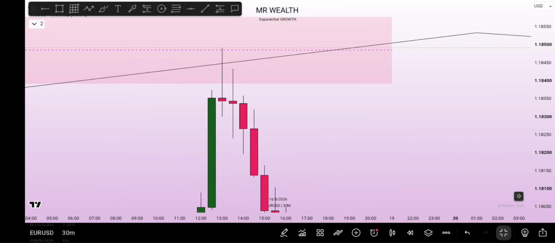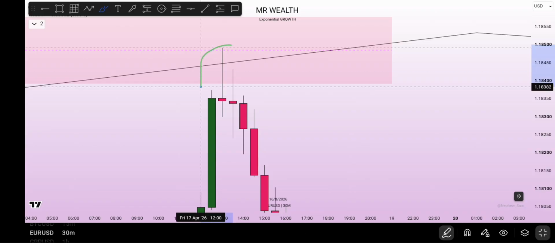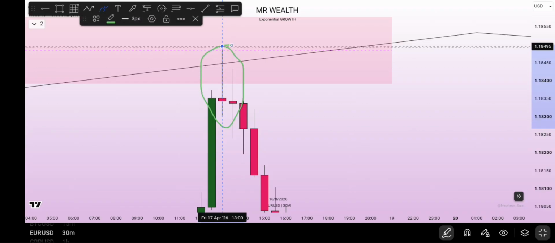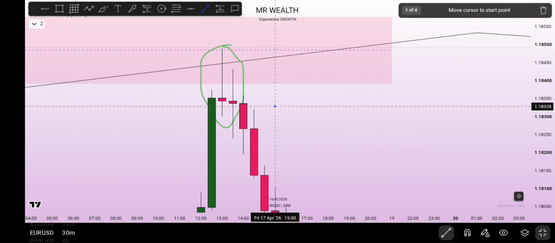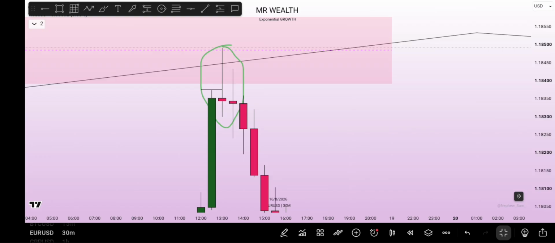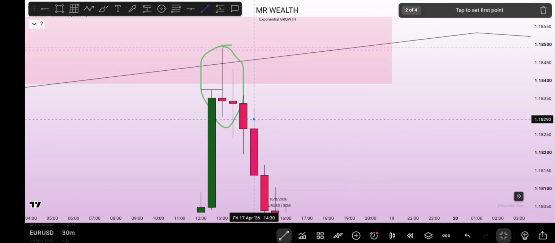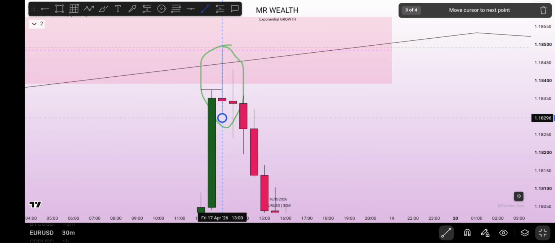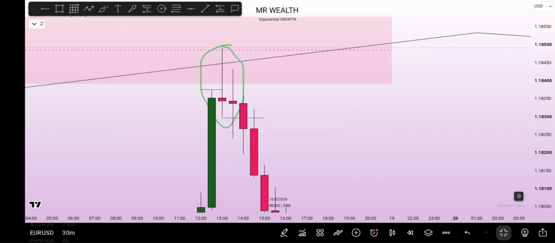So you can see what happened here. You can see this 30-minute candle that dipped into the 4 hours pool. What did it do? It swept here, swept that candle, it liquidated that candle and rejected back into the zone, and the next two candles engulfed it. And see, very nice setup.